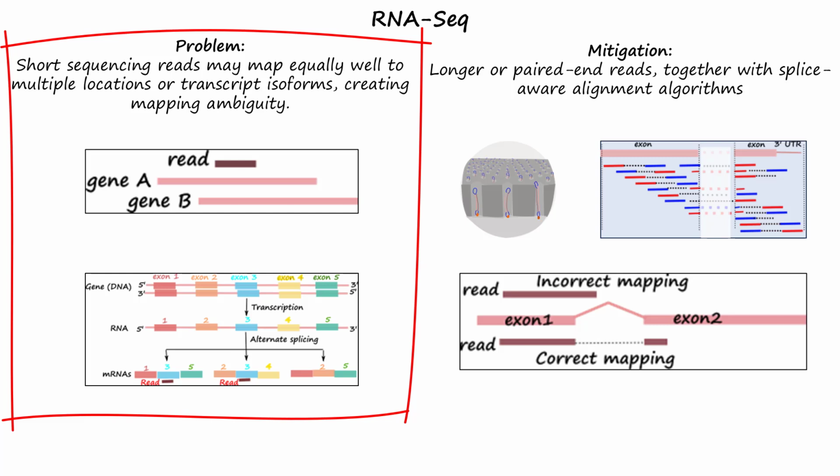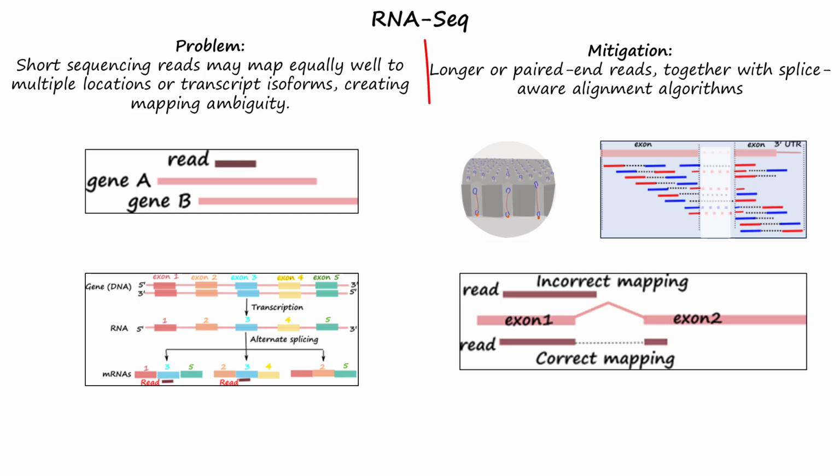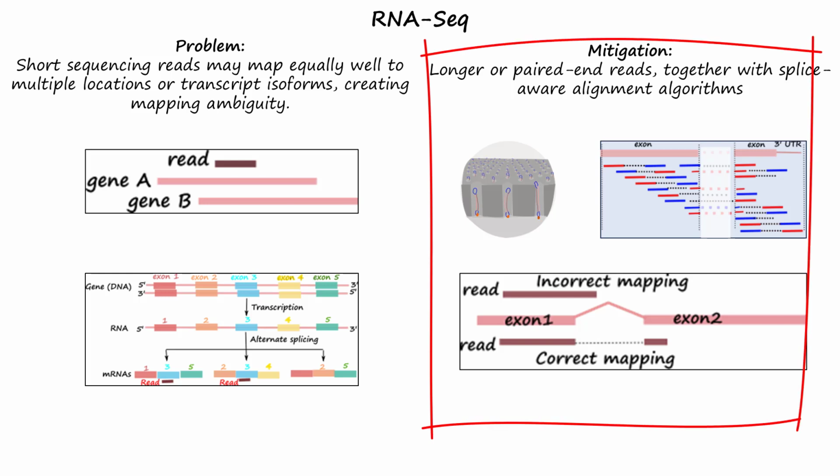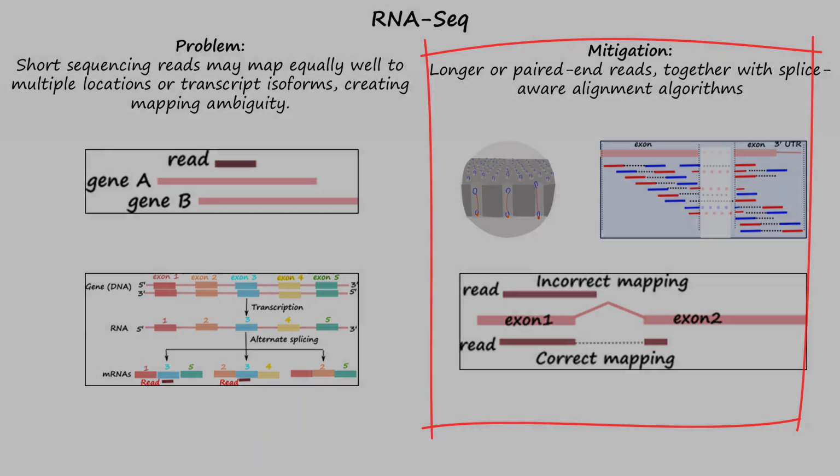As a result, short sequencing reads may map equally well to multiple locations or transcript isoforms, creating mapping ambiguity. This can complicate accurate quantification of gene and isoform expression. Longer or paired-end reads, together with splice-aware alignment algorithms, help reduce this ambiguity and improve transcript resolution.